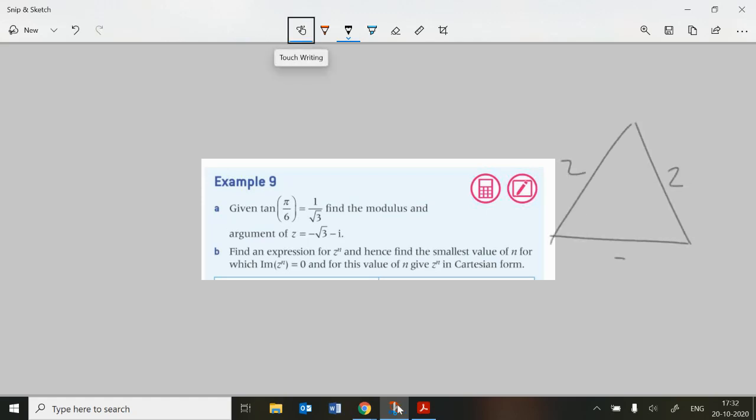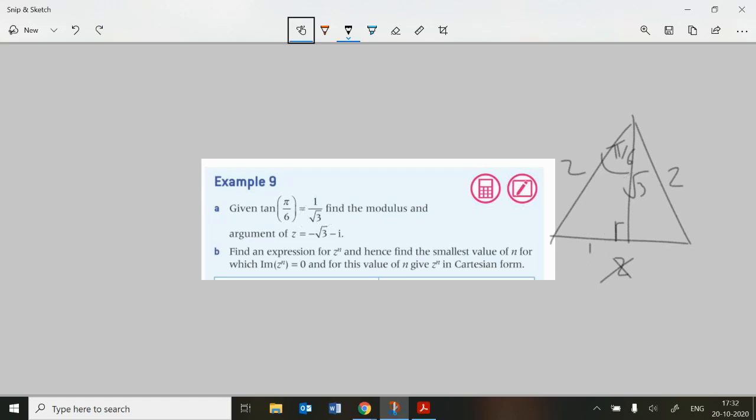If we take the equilateral triangle 2, 2, 2, that's the length of 1 at the bottom there. For half of the triangle, there's a right angle triangle. This is the square root of 3 if you apply Pythagoras in this right angle triangle. And pi over 6 is here. That's our 30 degrees because we split the 60 degrees at the top. And you can see that opposite over adjacent in this case is 1 over the square root of 3.